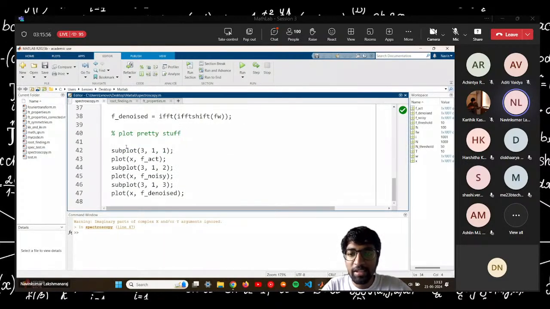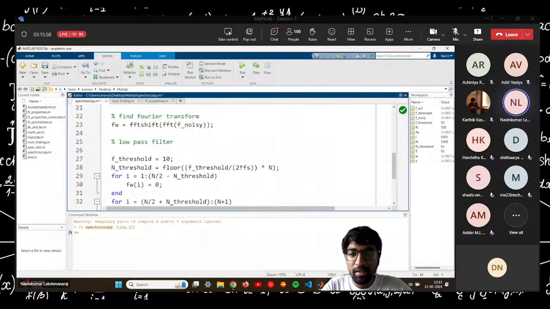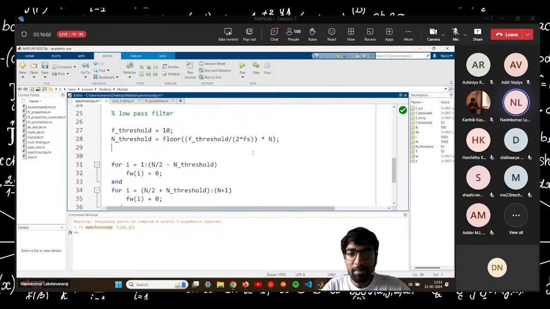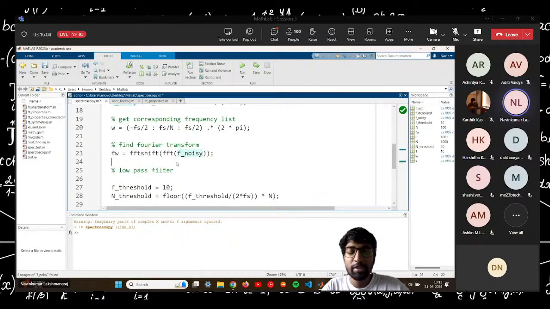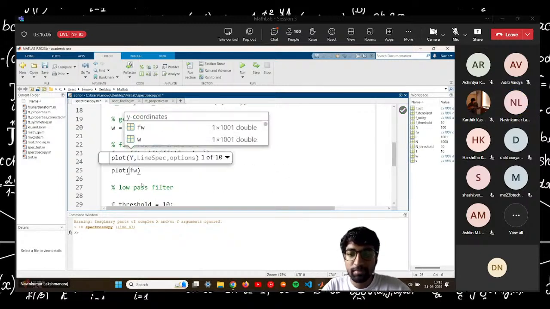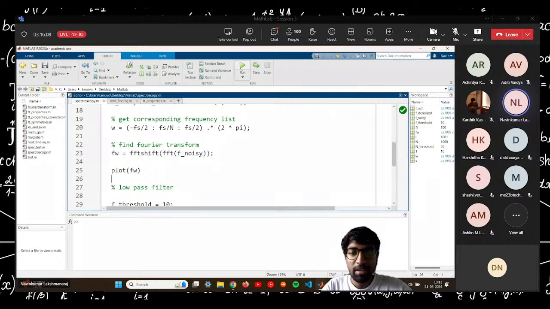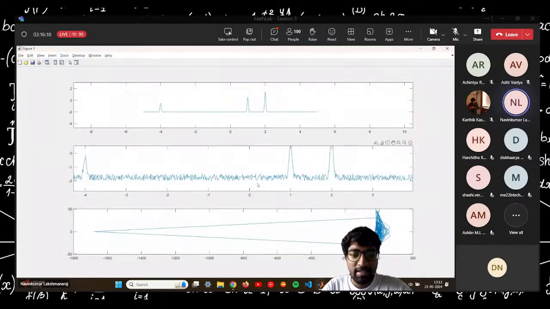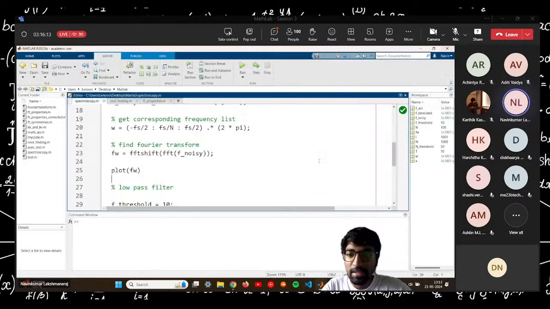So now let's say you guys want to see how this all looks. What we can do is, first, directly plot f omega. If I run this code, what you will see is, all right, just a second.